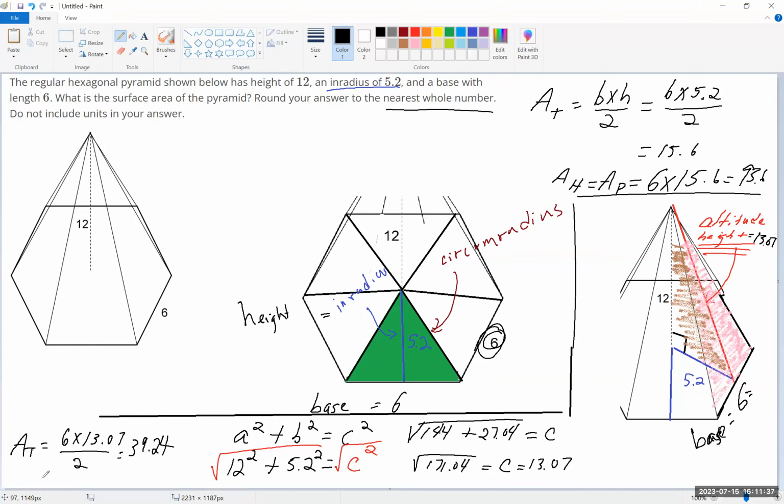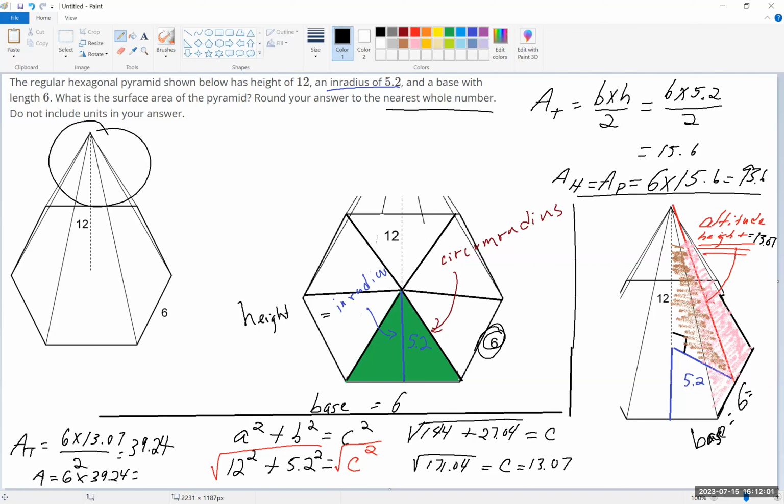So the area around this pyramid is, there's 6 of them times 39.24. Let me do that.